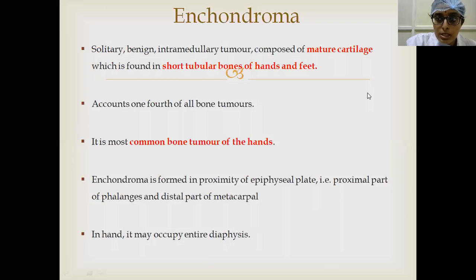These are the most common sites for the tumors we have seen till now. However, the differentiating features of enchondroma from the previous tumors are these. They are most commonly seen in the hand, and usually in the 3rd to 4th decade. Coming to sex preference, it is equal in both males and females. So these are the few differentiating points of enchondroma.